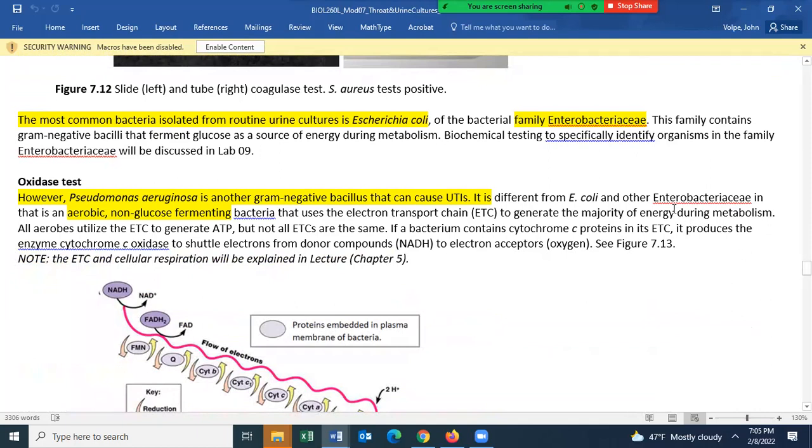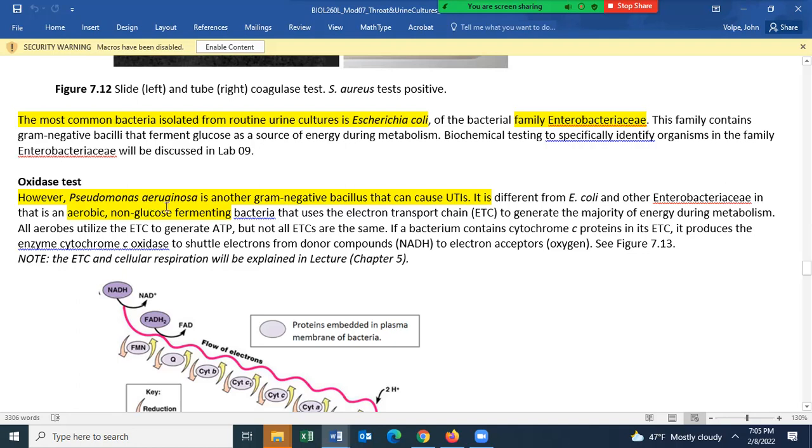There are some other gram negatives which can cause a urinary tract infection, and they are not members of the Enterobacteriaceae family. These include Pseudomonas aeruginosa, of its own family, the Pseudomonadaceae.